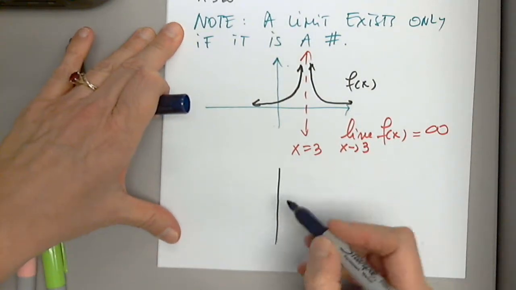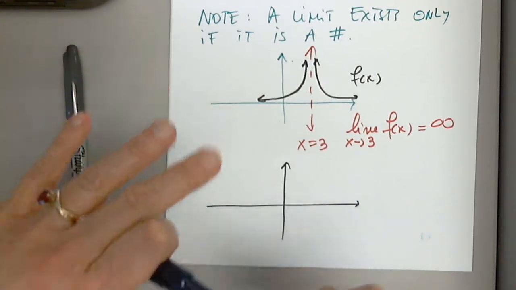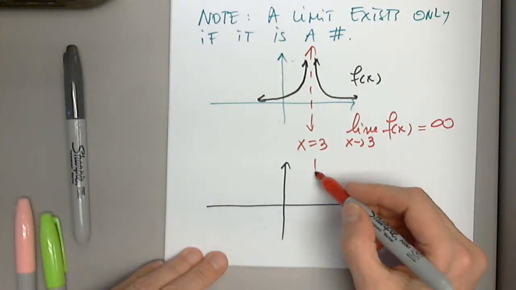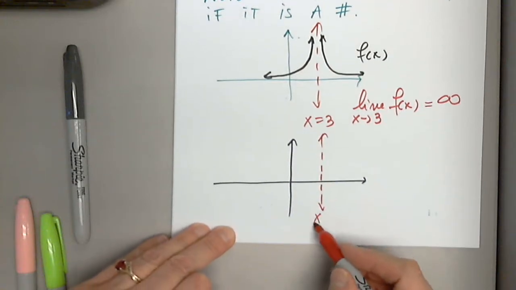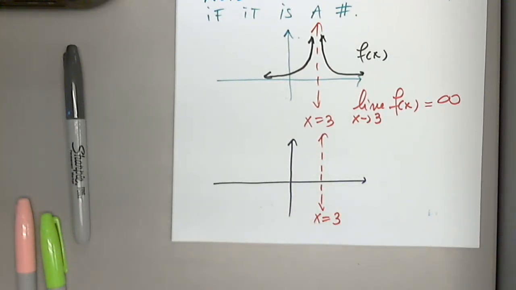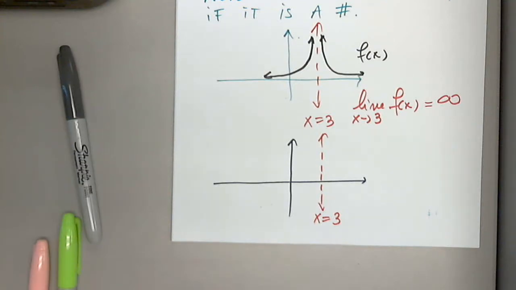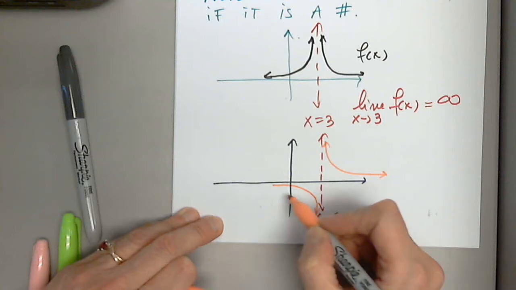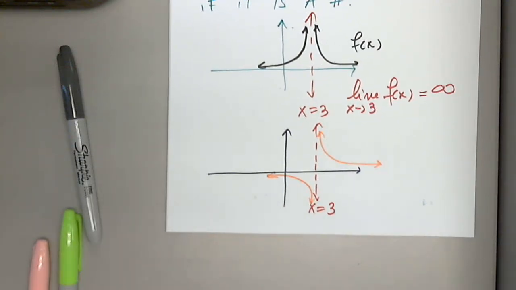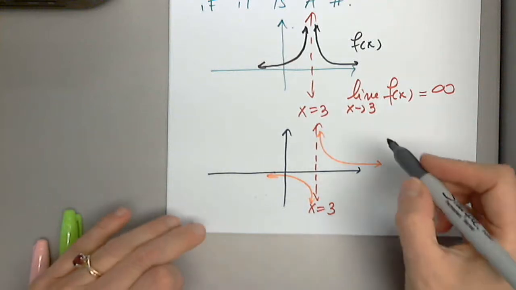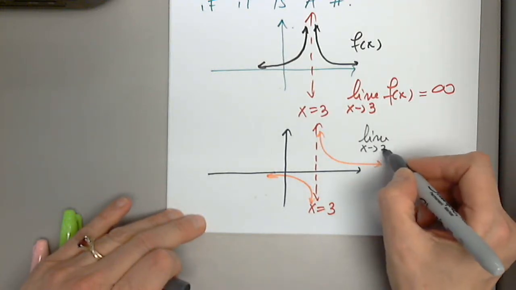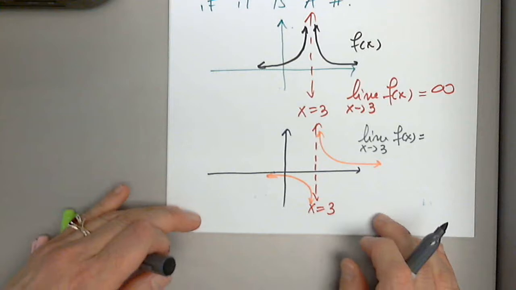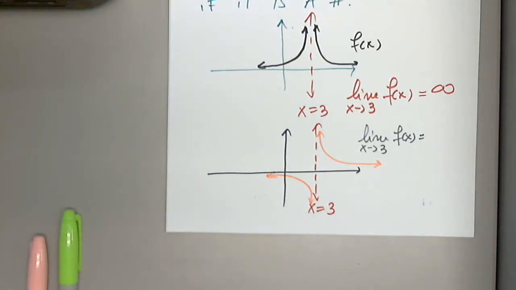Okay, next. Here's a third possibility. Not the last one. Again, at x equals 3. I'm graphing a function now. In this particular case, what will I say? The limit as x approaches 3 from either side, what will you say? Indeed, you cannot write infinity. You cannot write negative infinity, and you cannot write a number.